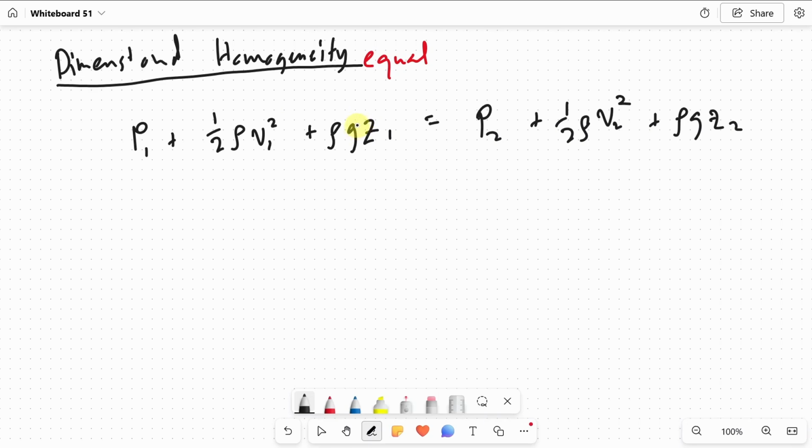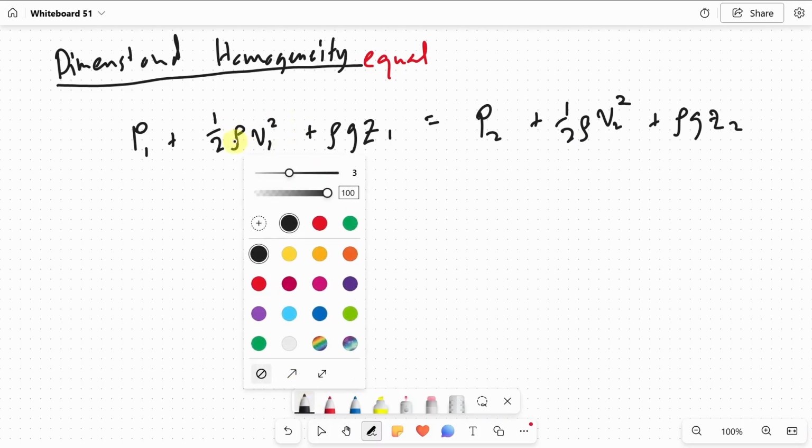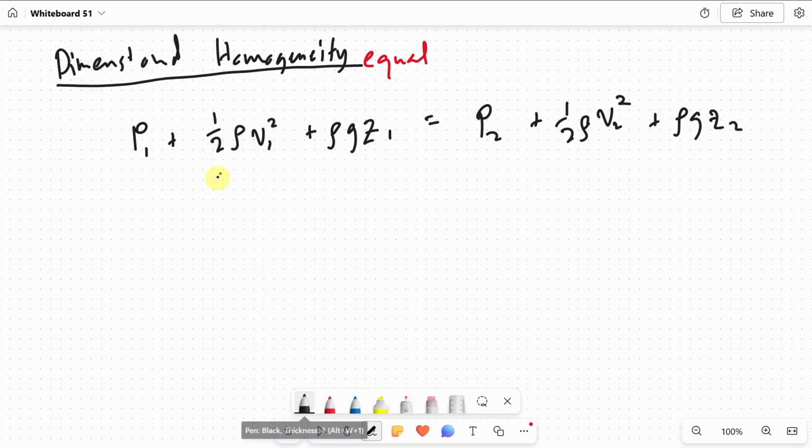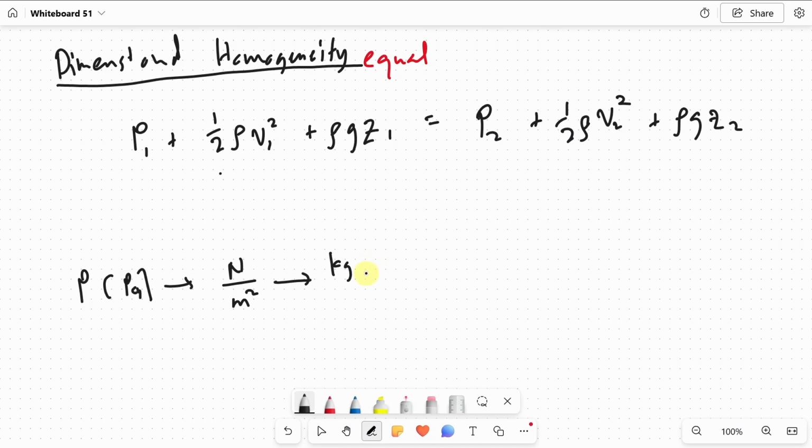Okay, let's look if I got this right. So the dimension of term number one, this is pressure. The unit for pressure is Pascal, but this is also Newton over meter square, and force F equals to ma. So it's mass times acceleration.